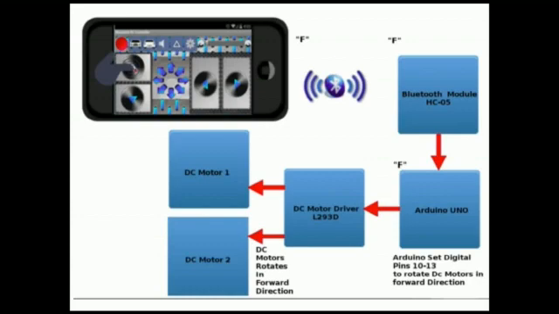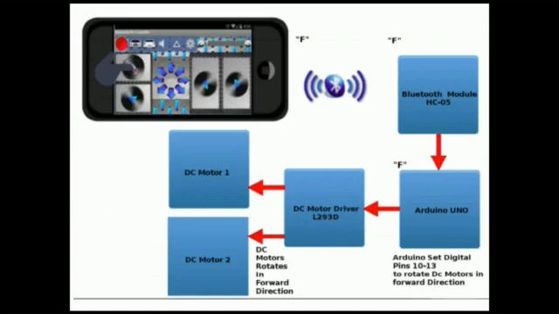This value again will be sent to Arduino Uno by the Bluetooth module. Once Arduino receives the value, it will check what action needs to be taken according to the value received.